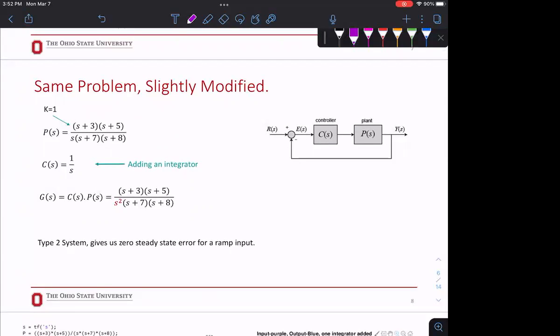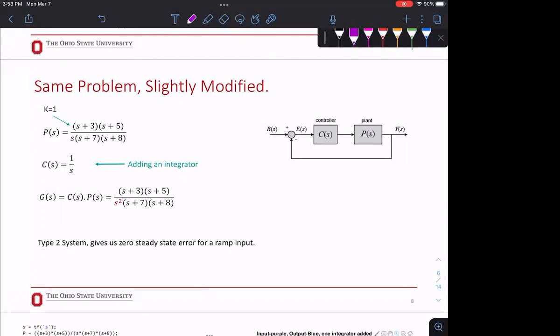When I add an integrator to the system, I change the system type. I made it system type 2. Why am I doing that? I want to get rid of a steady state error. I know if I follow that table for system type 2 with a ramp input, the steady state error should be 0. Right?